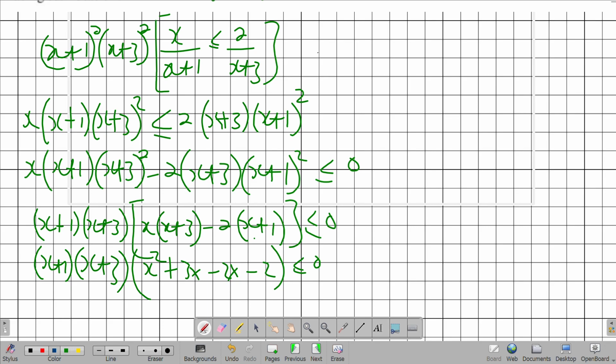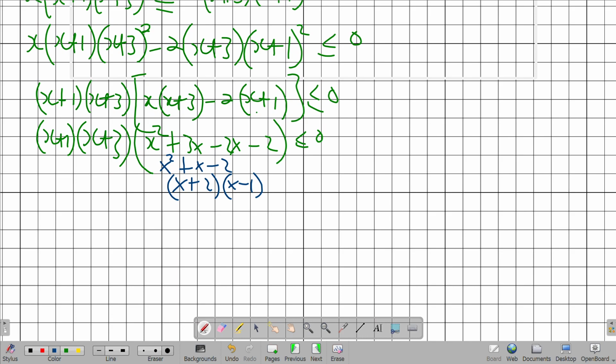You could see straight away this is x squared plus x minus 2, which is just x plus 2 and x minus 1. Factorization.